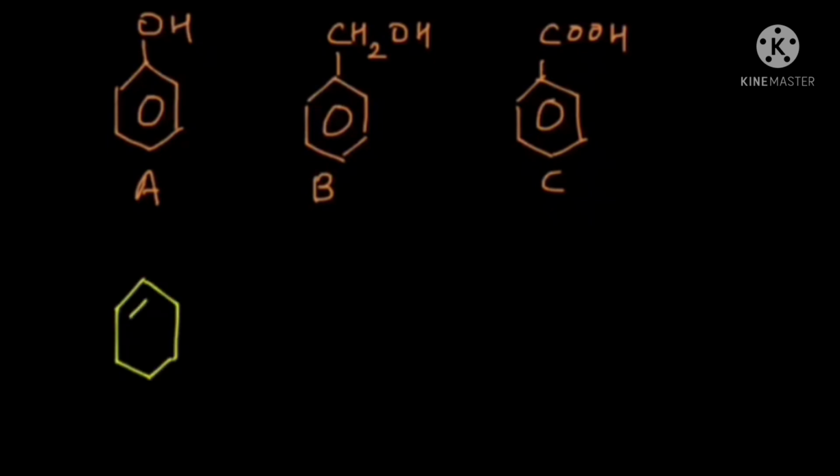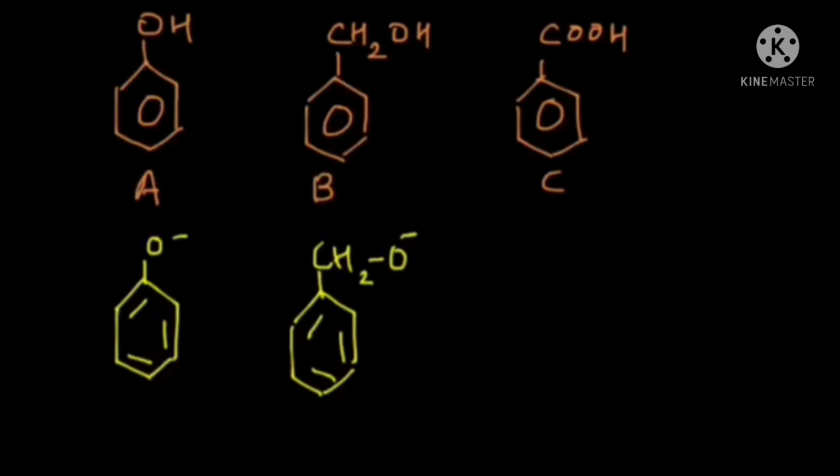In the first case, you will get the phenoxide ion. From B, you will get CH2O minus attached to the benzene ring, and from C, you will get the benzene ring which is attached to C double bond O, O minus. So these are the conjugate bases.